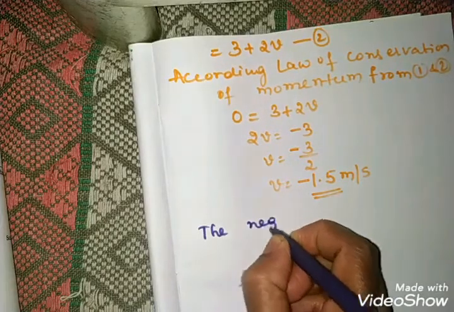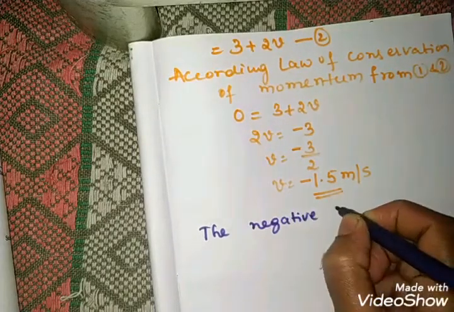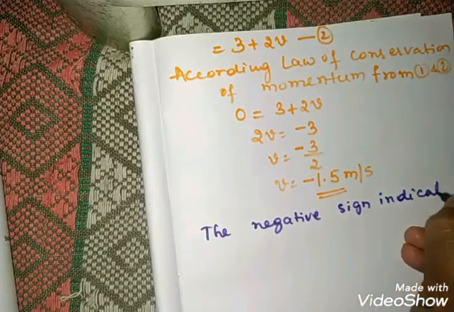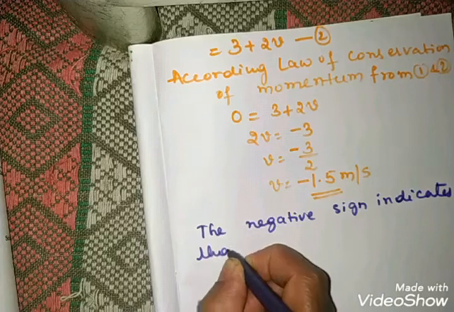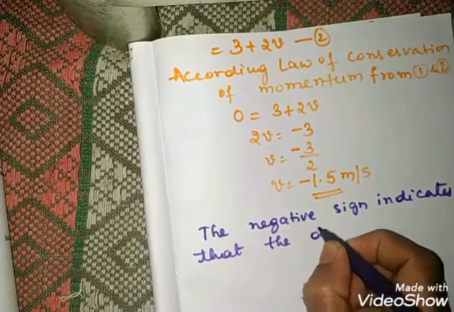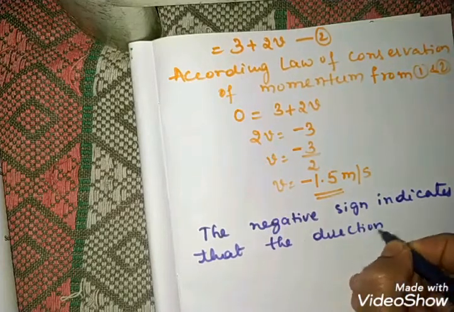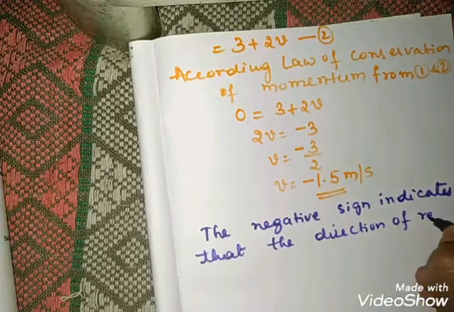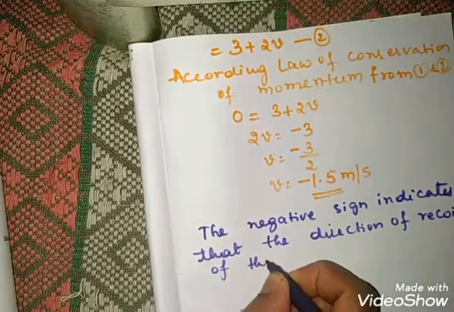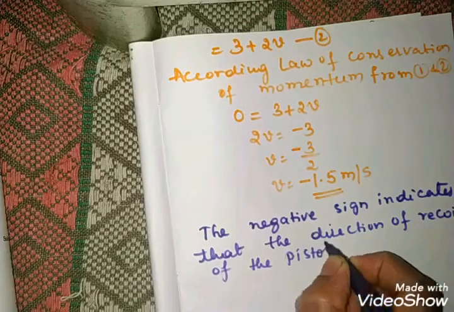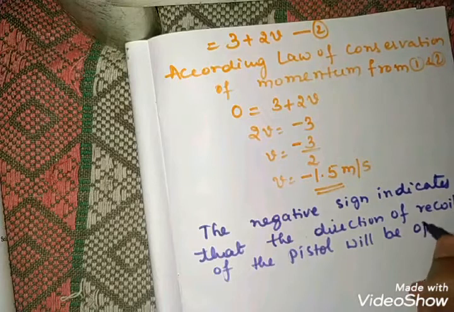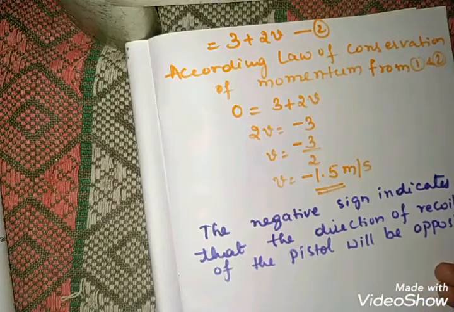The negative sign indicates that the direction of recoiling of the pistol will be opposite to the direction of the bullet.